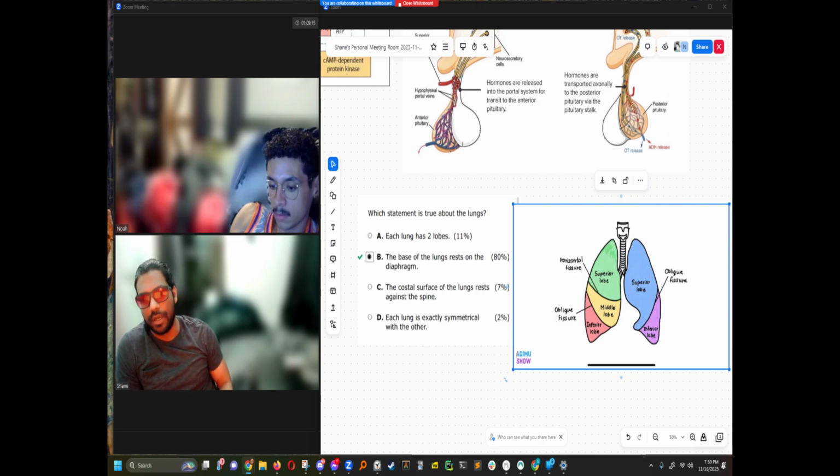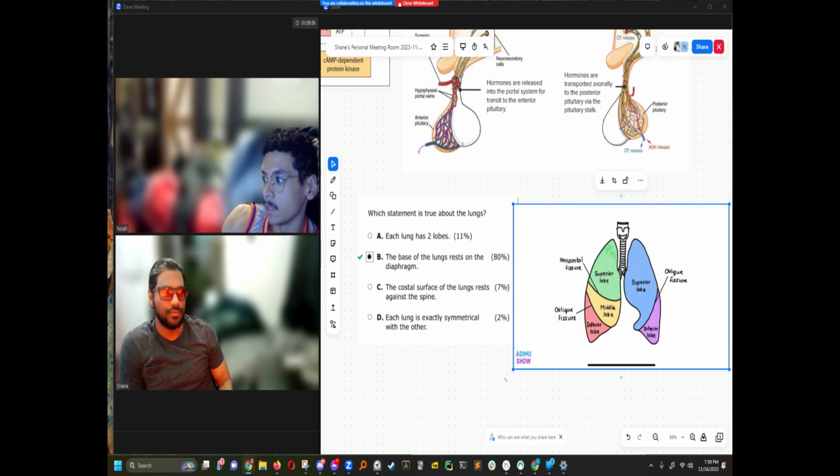The ribs will be in front of the lungs, but the spine would be behind the lungs, and it's not going to be related to that. And then D is incorrect. They're asymmetrical. Oh yeah, and the base of the lungs rests on the diaphragm. Okay, great.